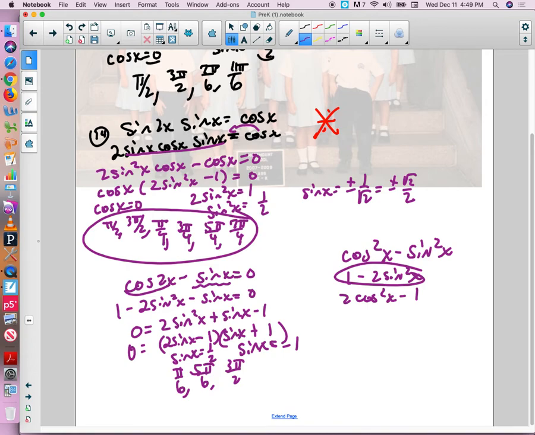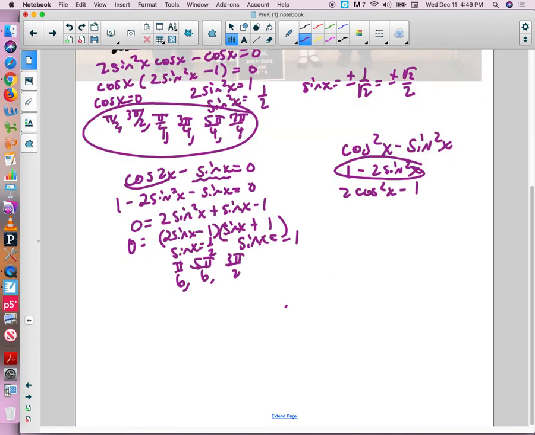All right, and then another example of something you'll have on other homework problems. Number 22 on page 390 is cosine u equals -2/3.